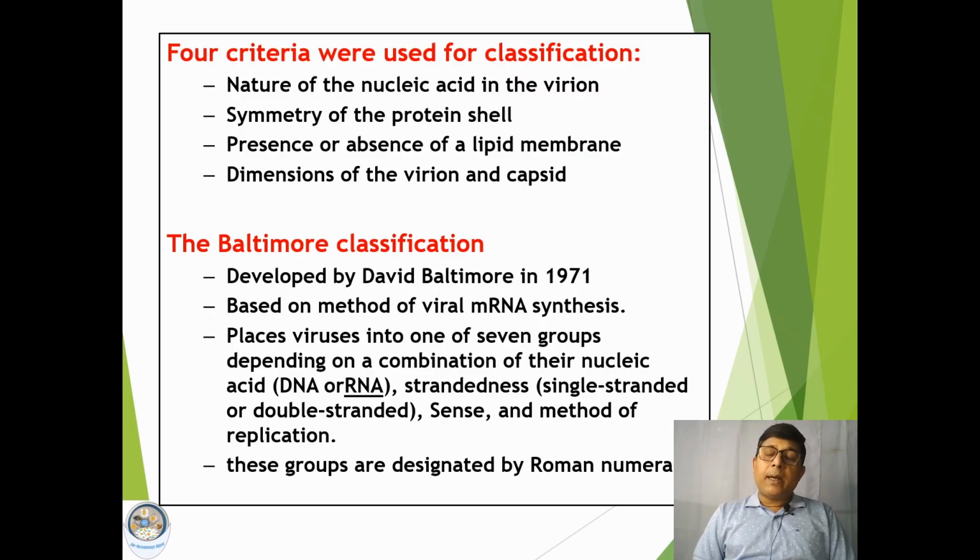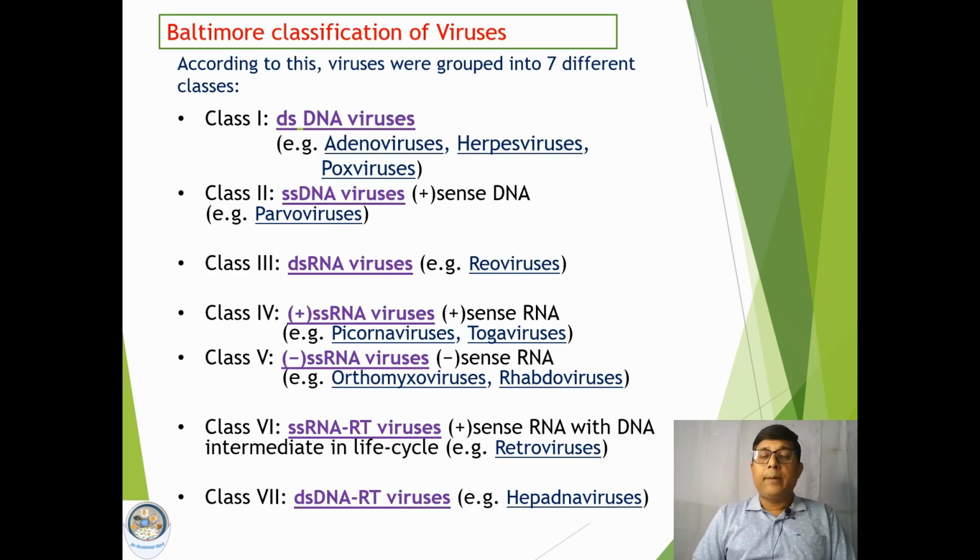According to the Baltimore method, viruses are placed into 7 different groups, designated by Roman numerals. It is based on the method of mRNA synthesis and a combination of nucleic acid strandedness and the sense, or polarity, of the genetic material. So this is the classification of viruses by the Baltimore method.